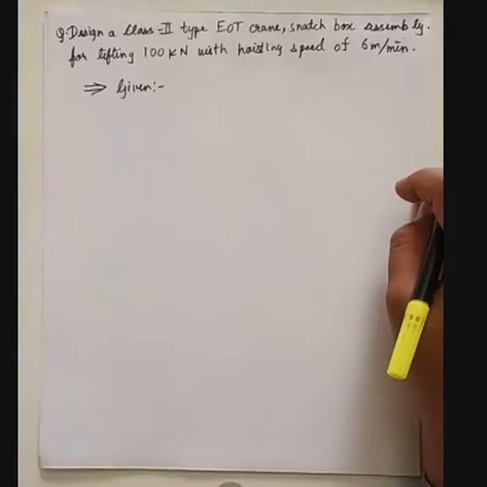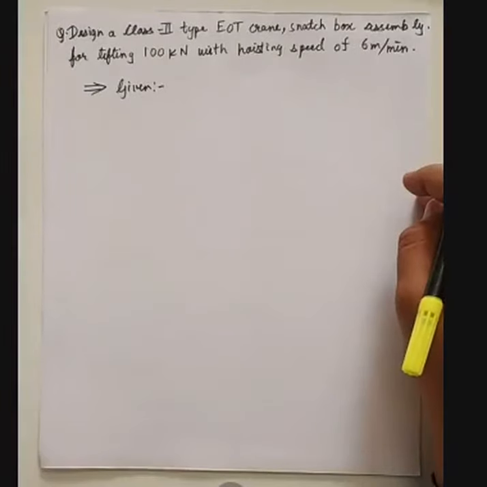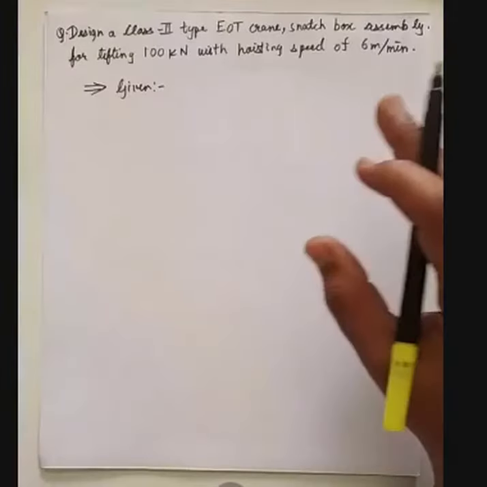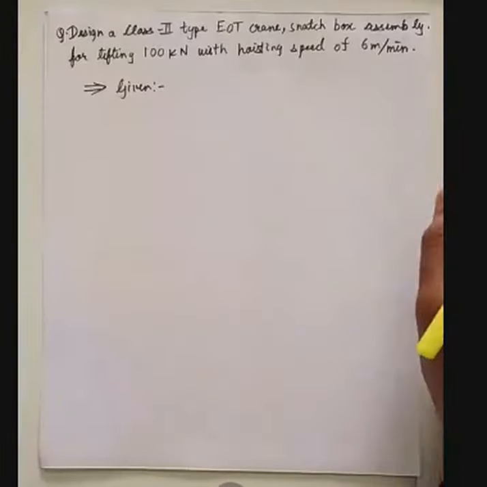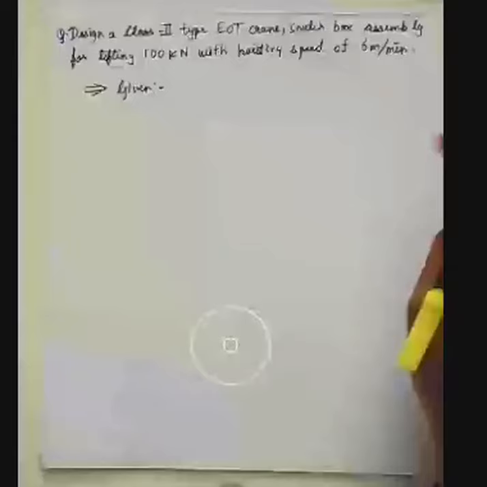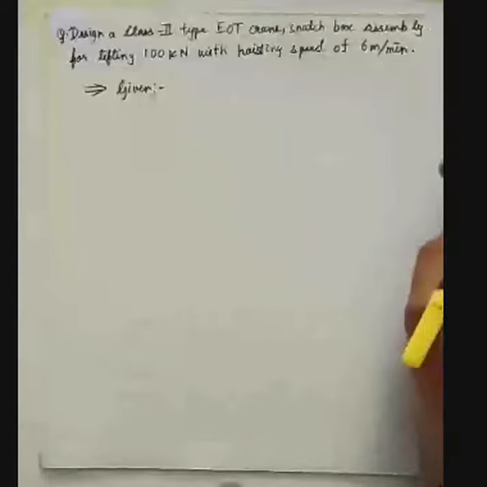If it is not mentioned, you can use any class. I will let you know in the upcoming steps the page number where you can see this class 1, class 2, class 3 type of EOT, and when to use that different type of class. For now, it is said to use class 2. So just remember that we have to use class 2 when and where it is required. I will let you know how to use it.